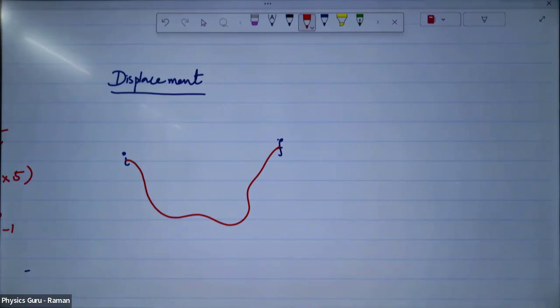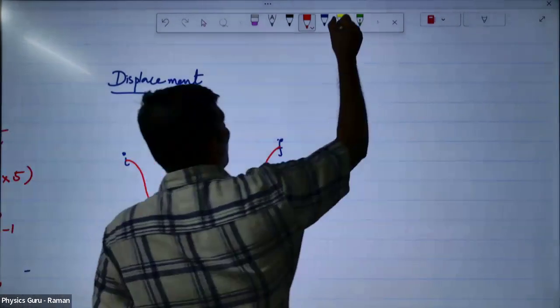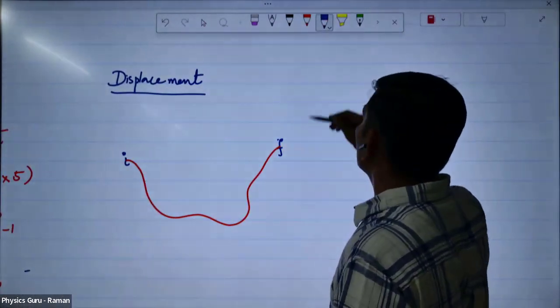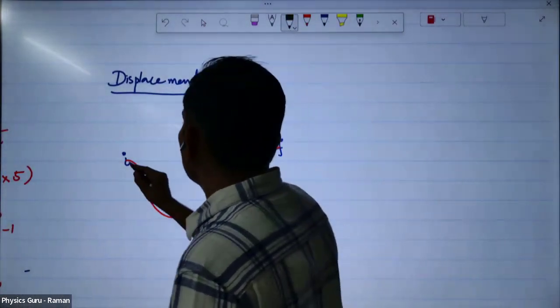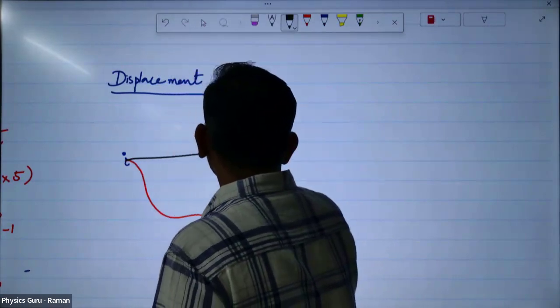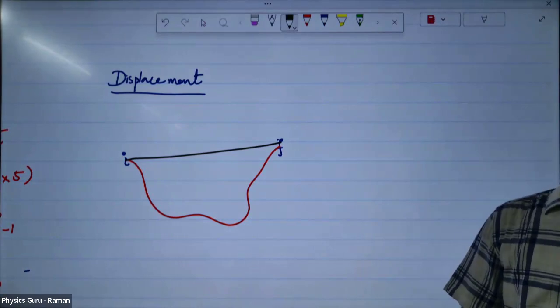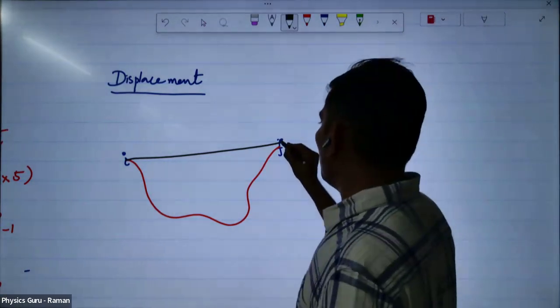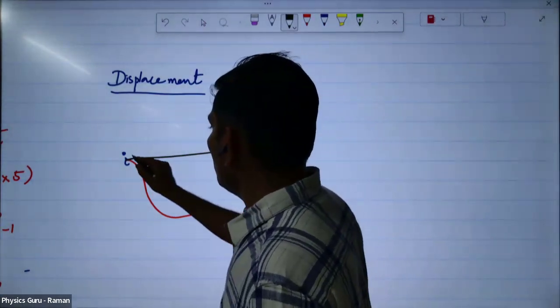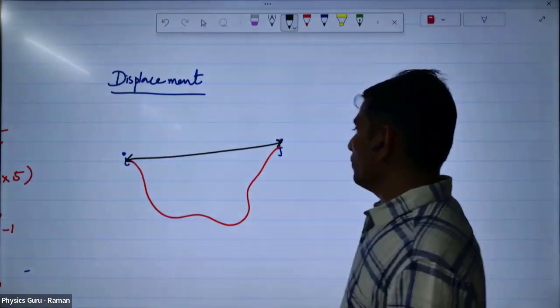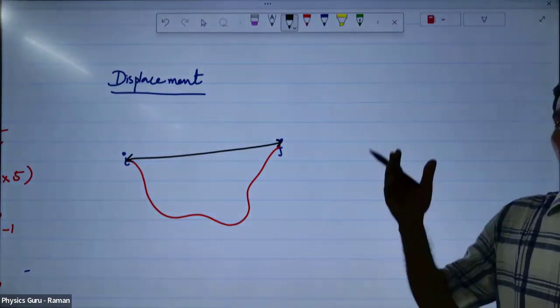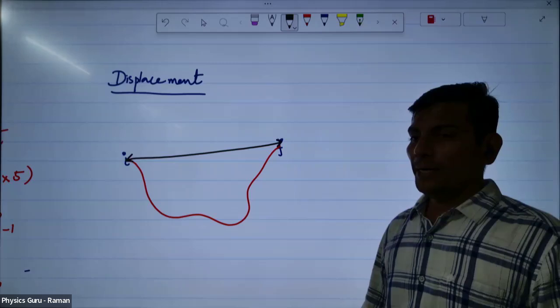But how do you calculate the displacement? Displacement is always calculated between the initial point and final point in a straight line. So that's why displacement is the shortest distance between starting point and end point. Am I right?